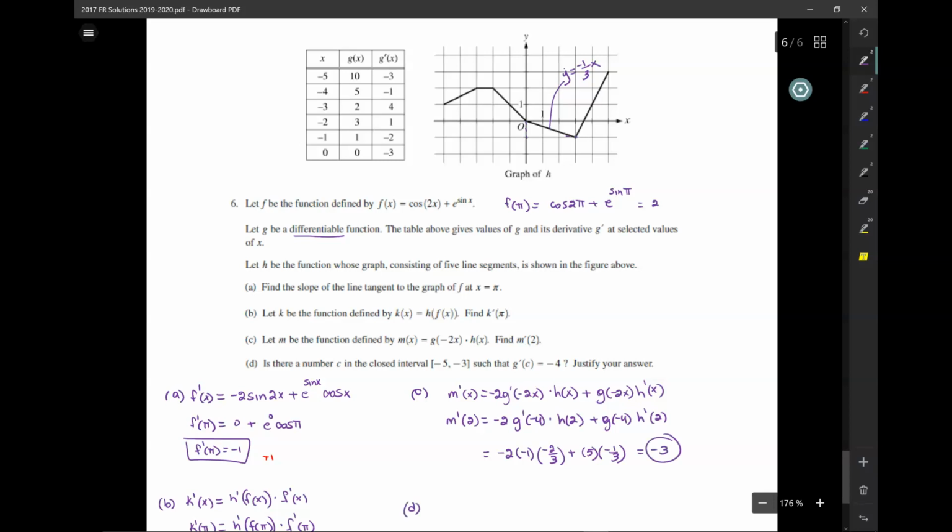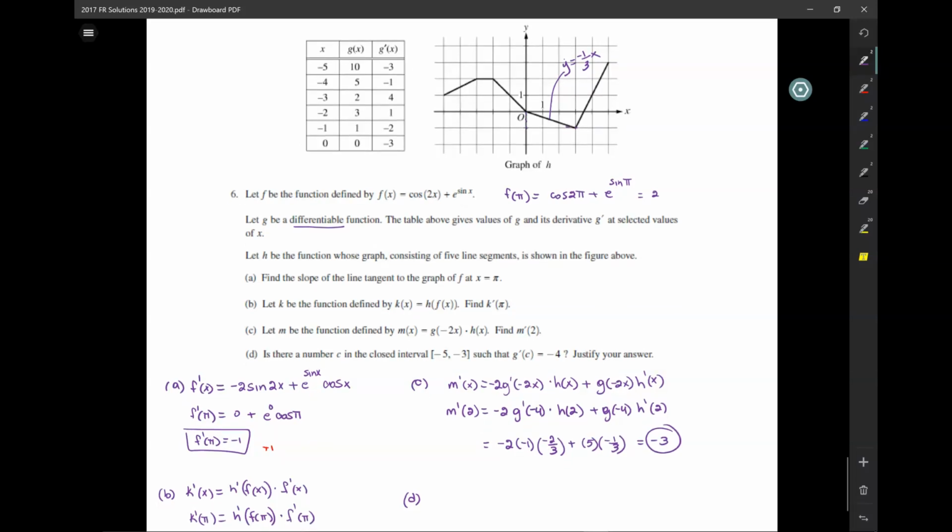Yeah. And then D, is there a number C in the closed interval from negative 5 to negative 2 such that G prime of C is negative 4? Alright, so what do we know about G?